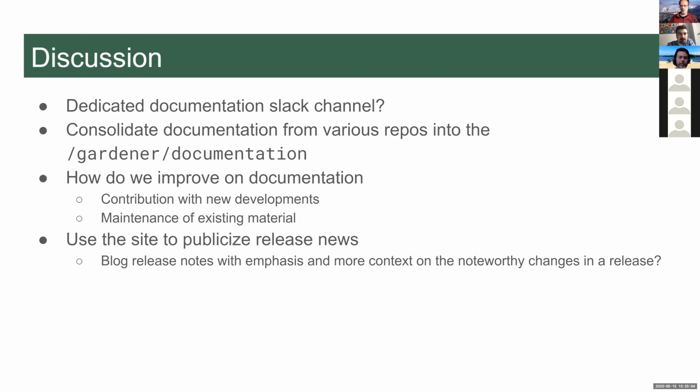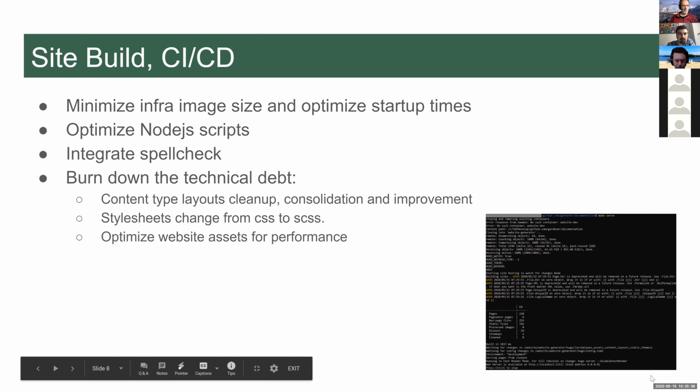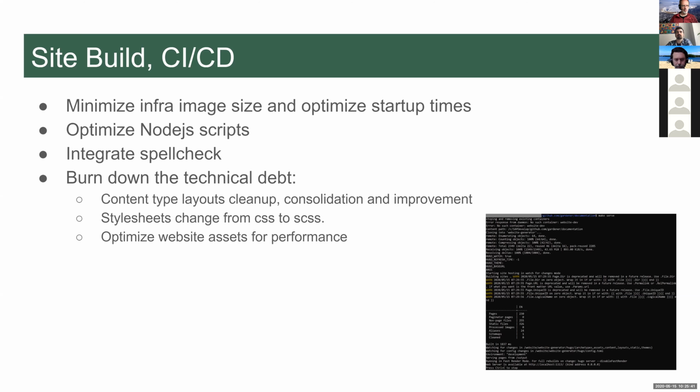I was wondering, can't we use something like Netlify, where your pull request gets automatically built? You get a deploy preview environment, and that makes it very easy to see whether what you're suggesting actually looks like what you want to have. And I totally like the idea of having an online editor, not for the tutorials or the in-depth things, which should be with Git, but to edit something online and submit it somehow.